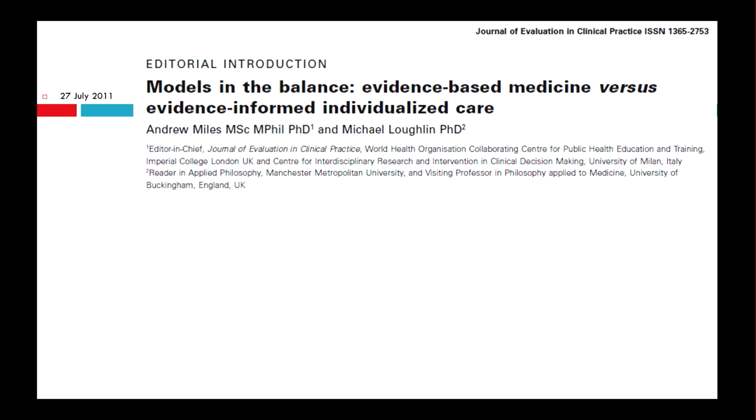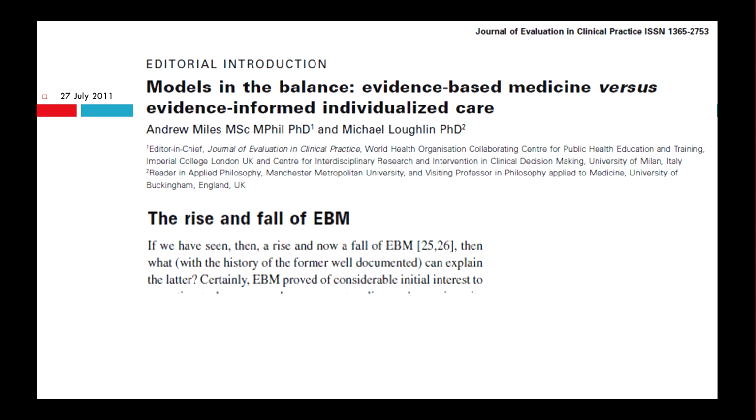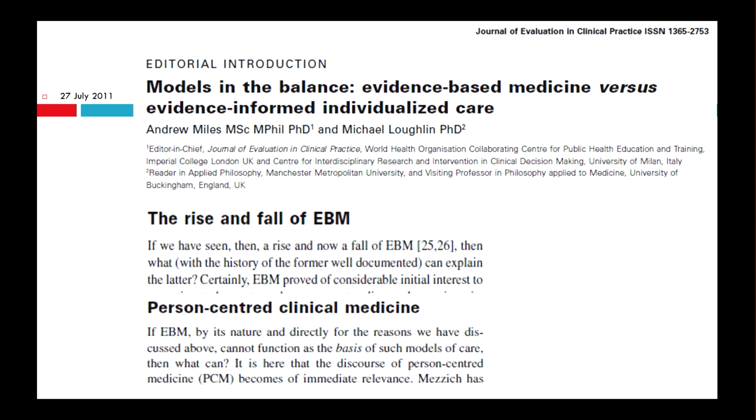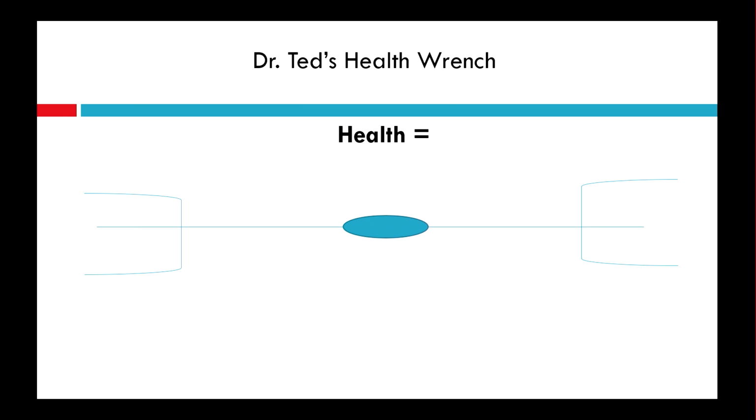I'm always asked by illness medicine doctors whether my practice is evidence-based medicine. And the answer is actually no. It's evidence-informed, individualized care. This landmark editorial in 2011, "Models in the Balance: Evidence-Based Versus Evidence-Informed Individualized Care," chronicles the rise and fall of evidence-based medicine because of the rise of person-centered clinical medicine.